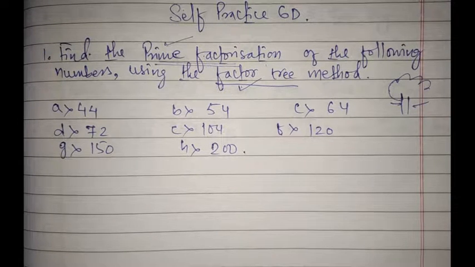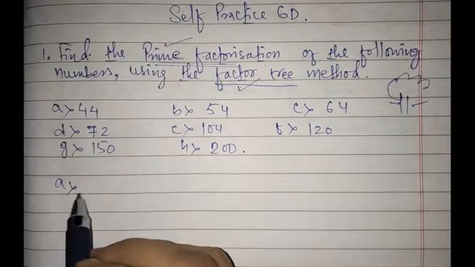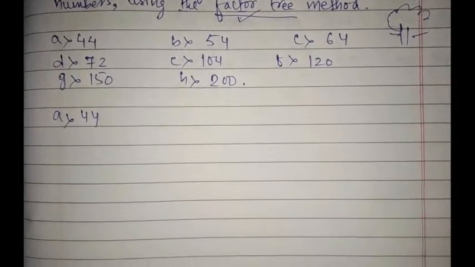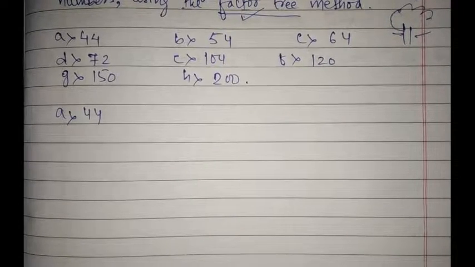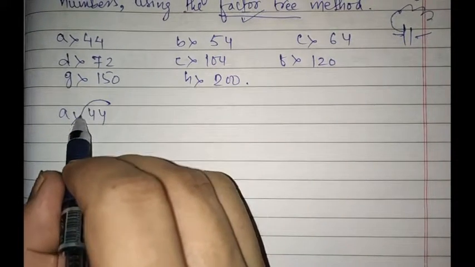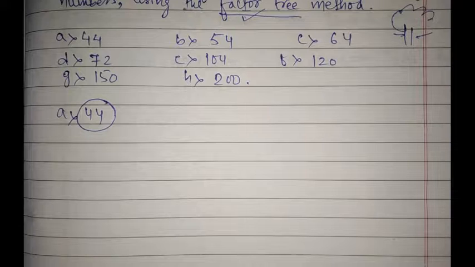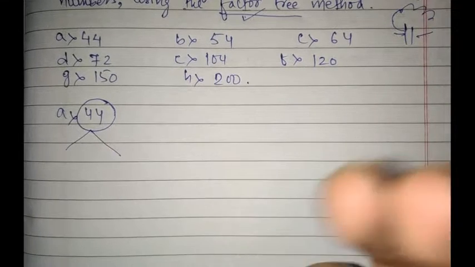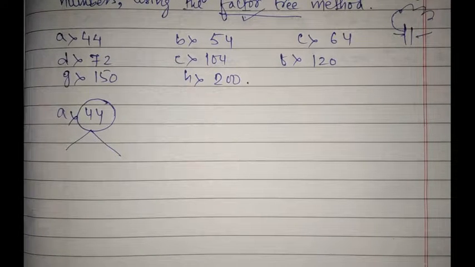The first number here is 44. Put this number inside a circle. Now, for any number, you know there are two factors basically.